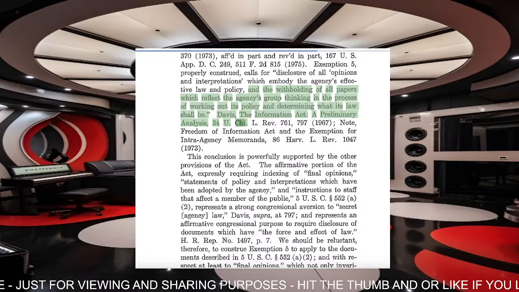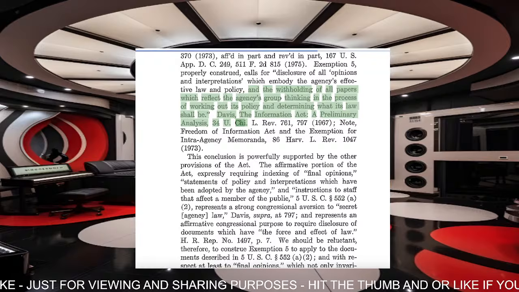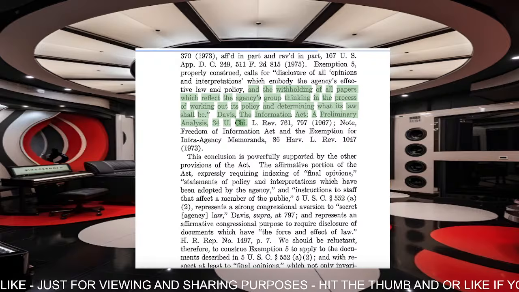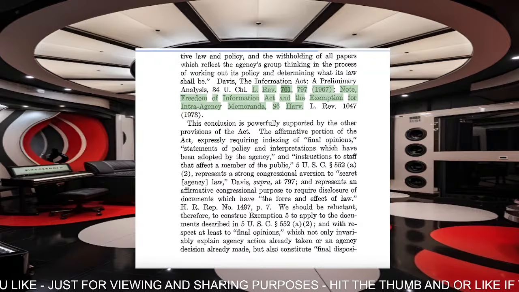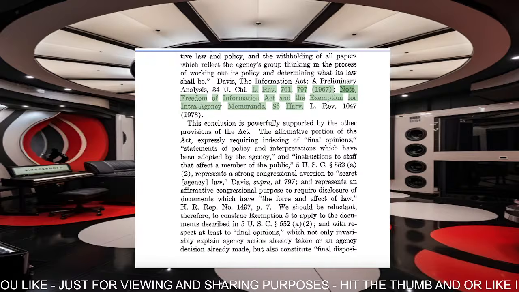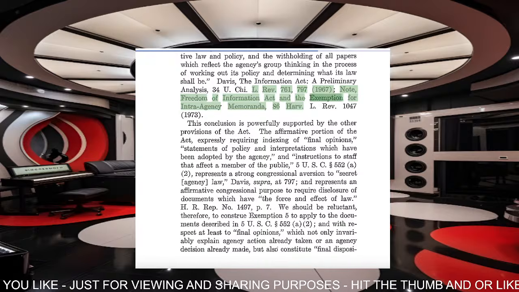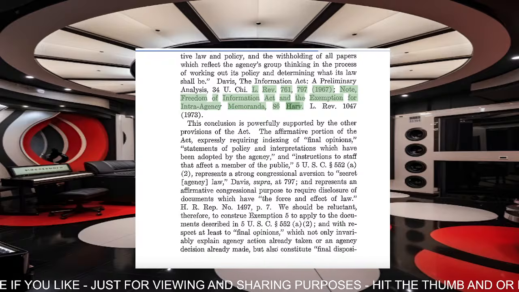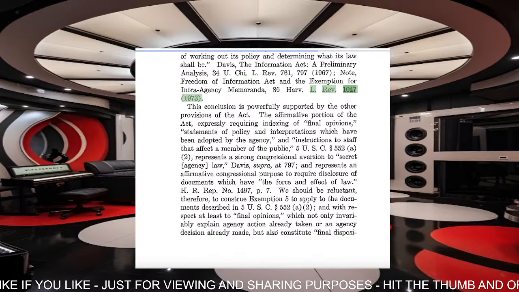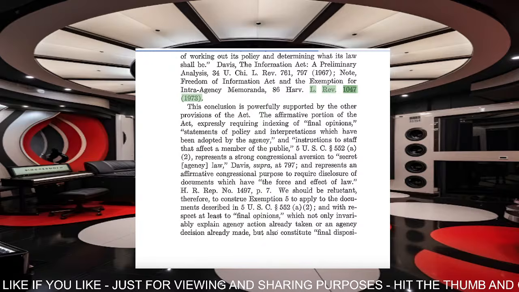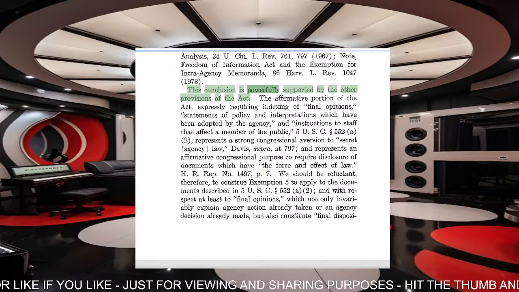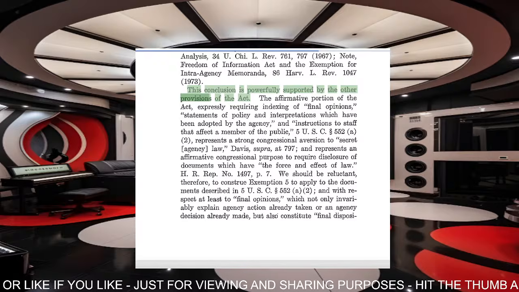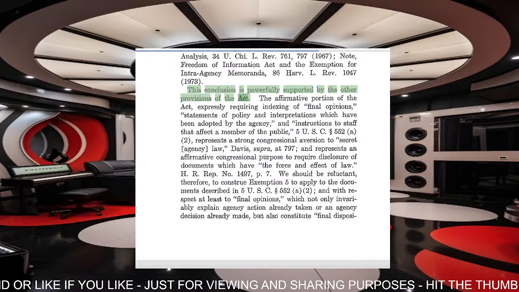Davis, The Information Act: A Preliminary Analysis, 34 U. Chi. L. Rev. 761, 797; Note, Freedom of Information Act and the Exemption for Intra-Agency Memoranda, 86 Harv. L. Rev. 1047. This conclusion is powerfully supported by the other provisions of the Act.